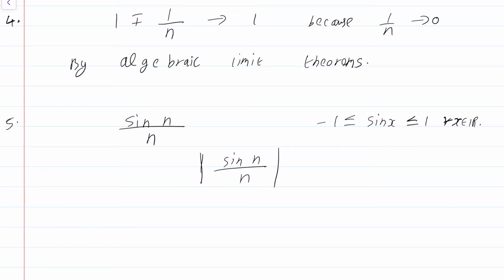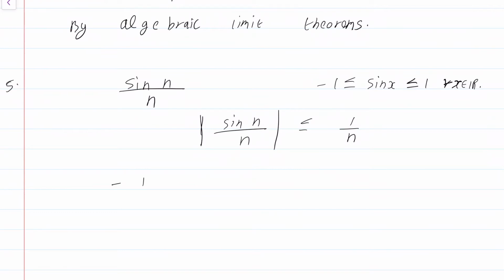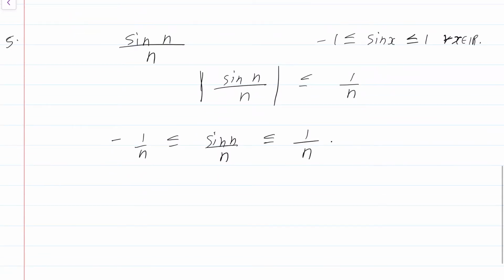So certainly this is going to be less than or equal to 1 by n. In fact, what is this saying? This is just saying minus 1 by n is less than or equal to sin n by n is less than or equal to 1 by n. Now apply the squeeze theorem.